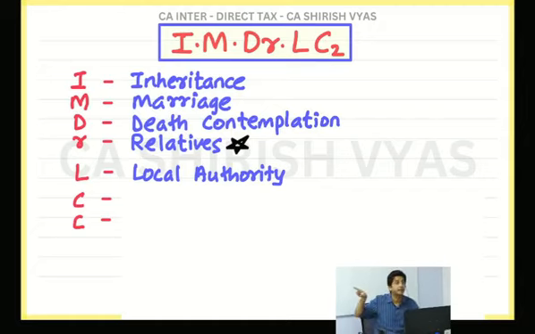Next point is charitable trust or charitable organizations. C, can you see C? See, if I say I got 50 lakhs, a charitable trust gave me, it is believable. Because charitable trust, the nature of them is what? To do charity. So in the process of doing charity, they might have given me 50 lakhs. It is believable.